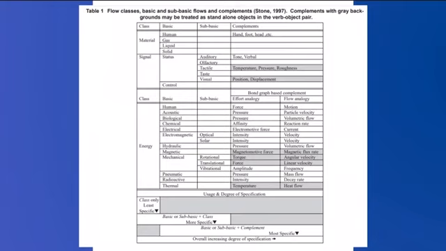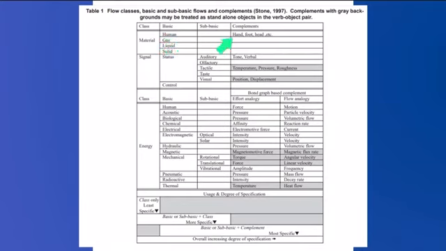Here is the table related to the flow of energy, signal and material. For example, if we see the flow of material, it can be divided into four: human, gas, liquid and solid. This table gives the example in terms of human.